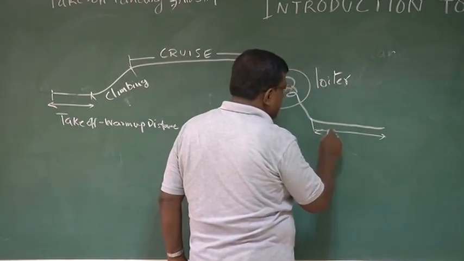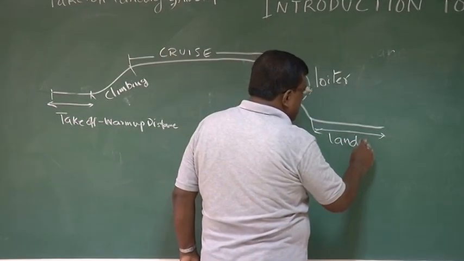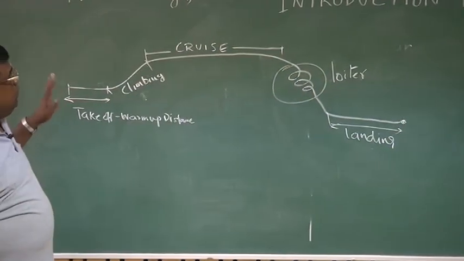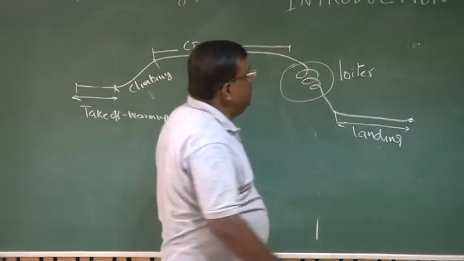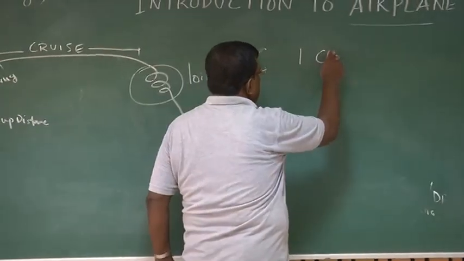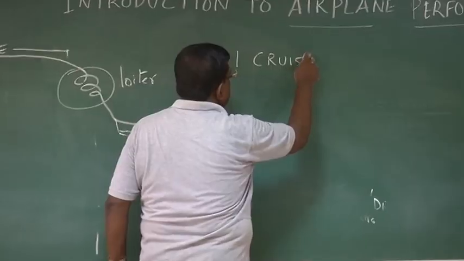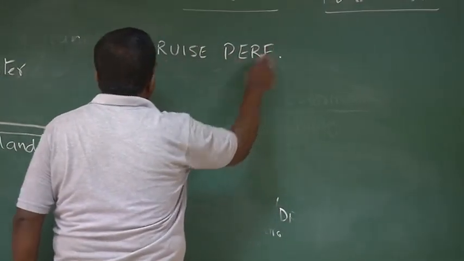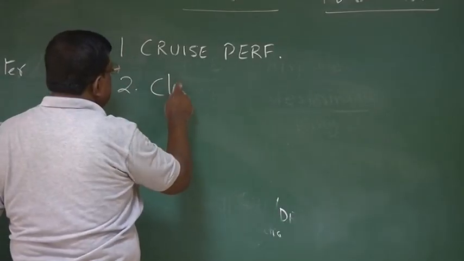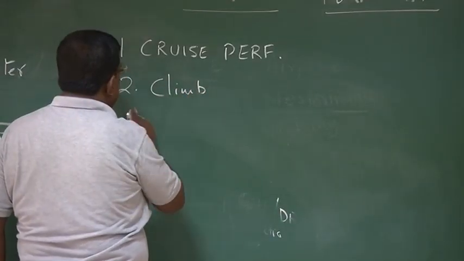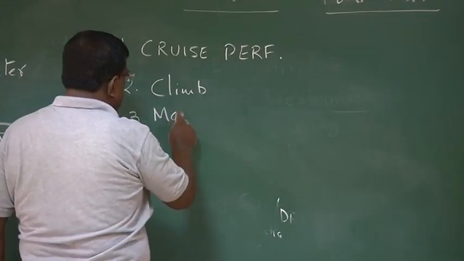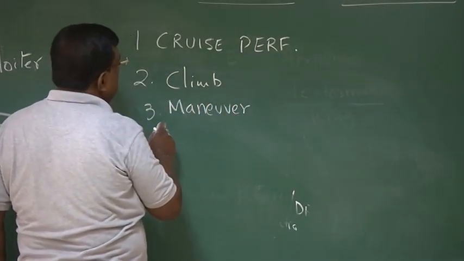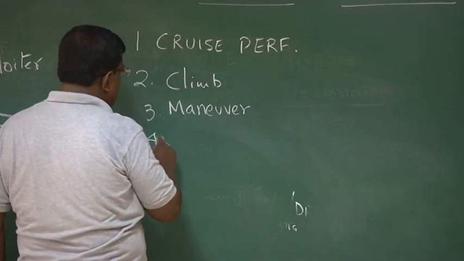I need a minimum distance so that once I apply the brake, the aircraft comes to a stop. So in performance, first we'll be doing the cruise performance. Second will be climb. Third, maneuver. Fourth, landing.